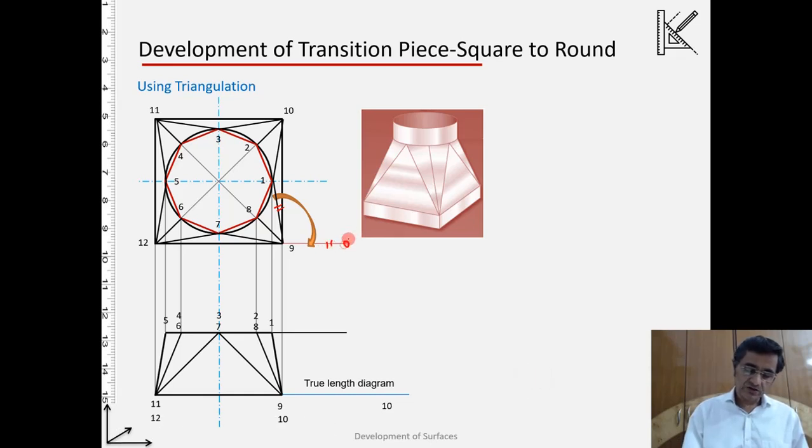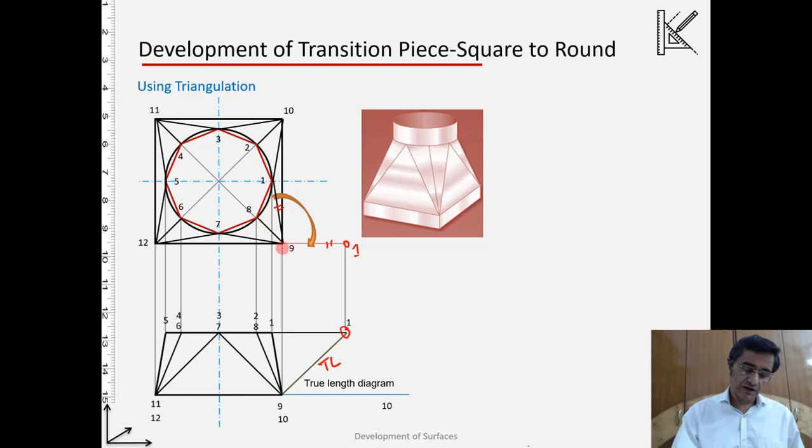So that's the corresponding point now, 1. Corresponding to this, we will locate the point here now on frontal. So 9,1 here now is the true length. So corresponding to 9,1 means same as 1,10, 10,3, 11,3, and so on. So for all these I know the true length.